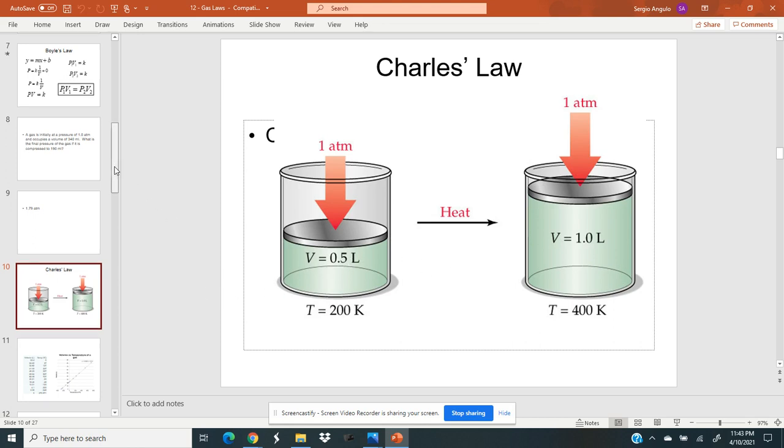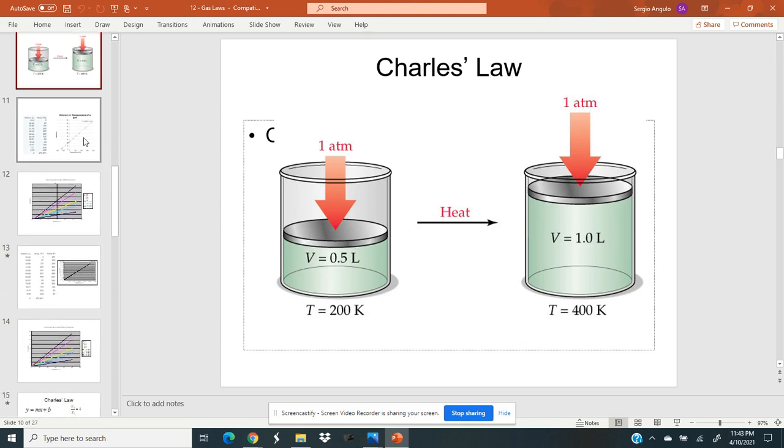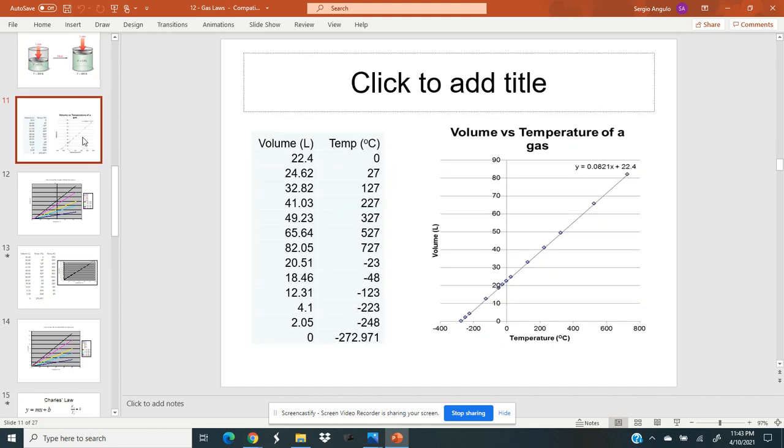And so what we want to do is come up with an equation to be able to solve problems with that. And as I mentioned earlier, if we put volume on the y-axis and temperature on the x-axis, you're going to get a straight line. As you change temperature, volume is going to change to give us a straight line.